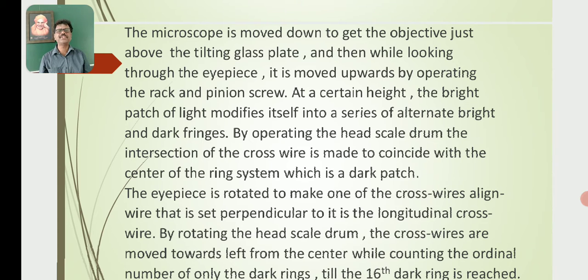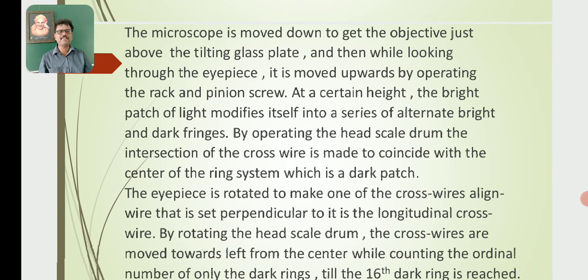So when the eyepiece is rotated such that the crosswires are mutually perpendicular to each other, the center of the crosswire is made to coincide with the central dark patch exactly.